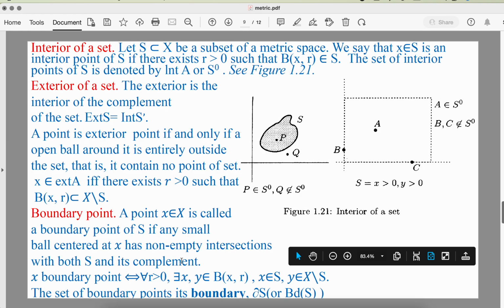It means X is a boundary point if and only if for all R greater than 0 there exist X and Y belonging to B(X, R), the ball centered at X with radius R, such that X belongs to S and Y belongs to the complement of S. The set of boundary points is its boundary, and we denote the boundary by this notation or this notation.